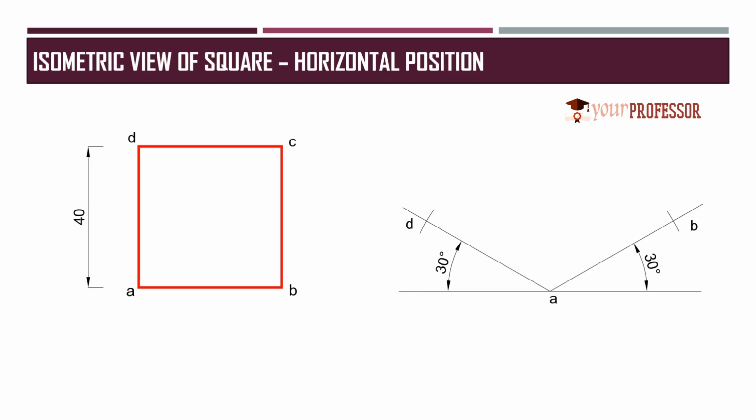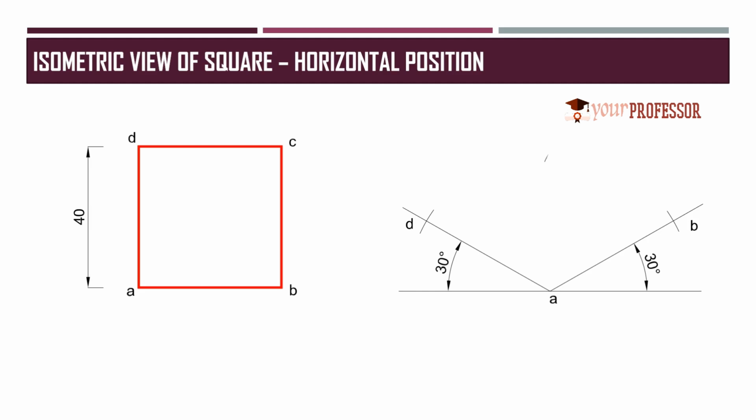You can draw a line parallel to AB from point D, and you can draw a line parallel to AD from point B. Or otherwise, consider 40 mm as radius with the help of compass. With B as center, drop one arc, and D as center, drop another arc, so that they will intersect, and we can find the point C.